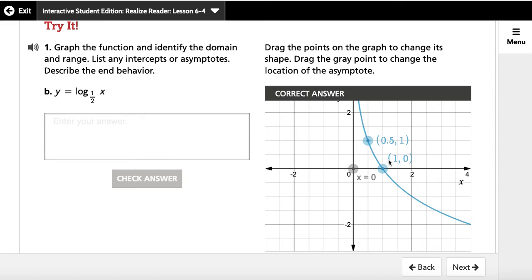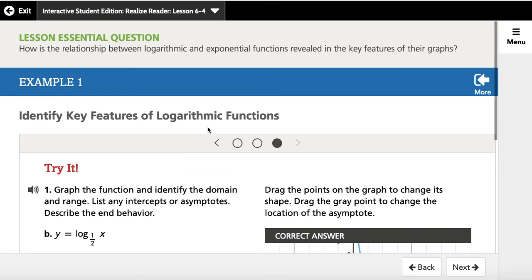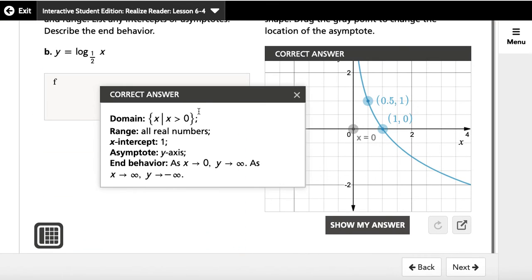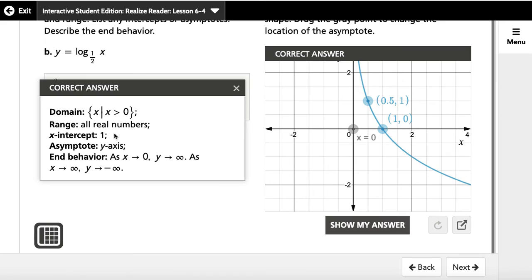And end behavior. As x approaches infinity, y approaches negative infinity. Is that what they had, all those answers? Yes, yes, yes, yes, yes. Oh, I forgot about as x approaches 0. I guess instead of as x approaches negative infinity, we have to talk about as x approaches 0, y approaches infinity.